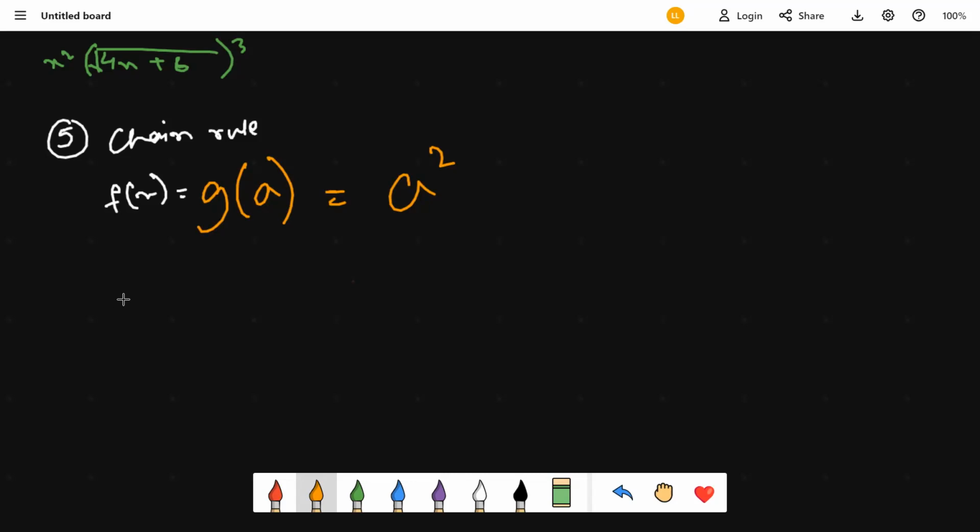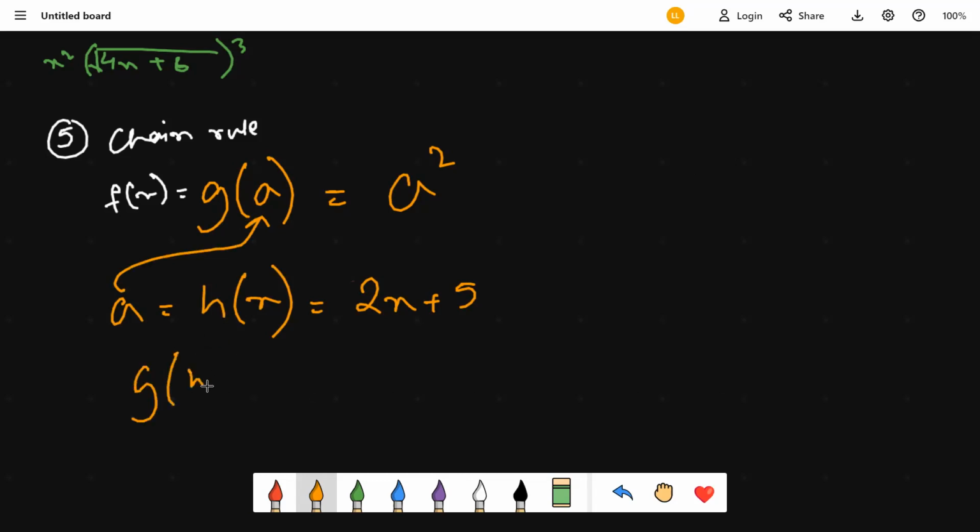Now that a itself is another function, which is h of x, and h of x is represented as, let's say, 2x plus 5. If we substitute this a with h of x, what do we get? g of h of x. That means a function inside a function, because g is itself a function and h of x is also a function.